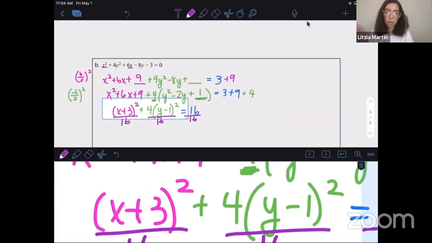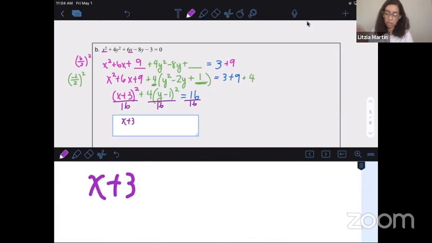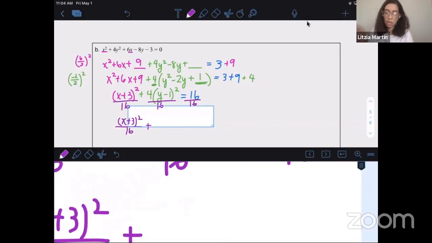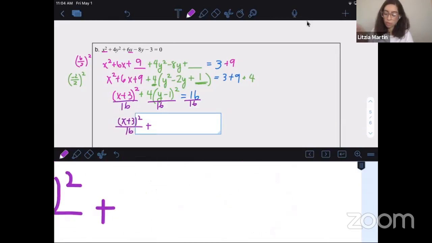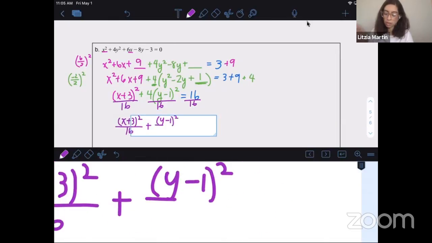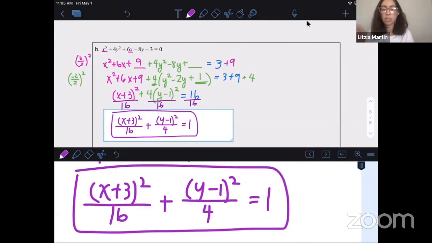For x plus 3 squared, since there's no coefficient, that just stays a 16. 4 over 16 will become 1/4. So we have y minus 1 squared divided by 4. And then 1 is on the other side. And that will be our standard form.